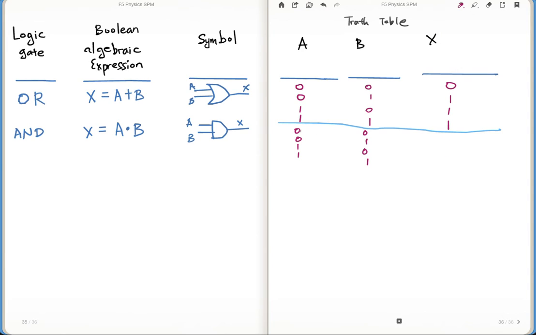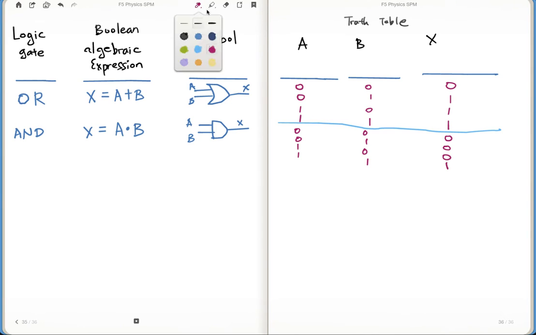So you have AND: 0, 0, 0, 1, because it's times, right? 1 times 0 is 0, and 1 times 1 then only is 1. So that's the second one. You may want to pause this video and go to your exercise book and look for those questions that ask for the AND gate and OR gate. Or else you may want to proceed.